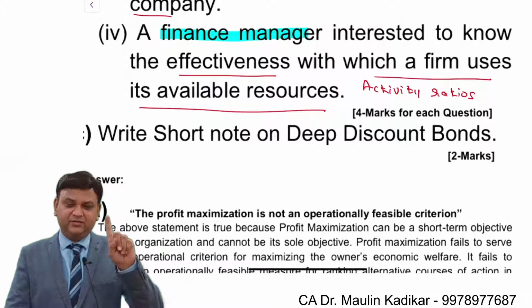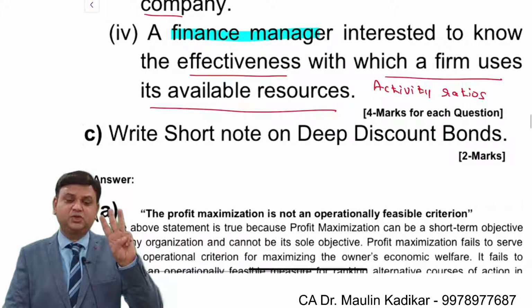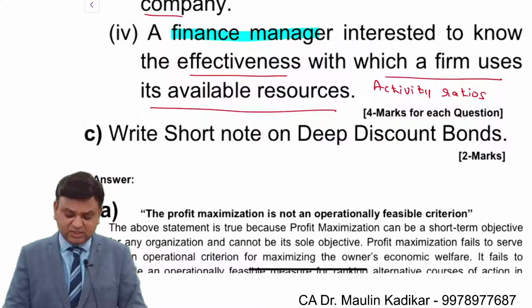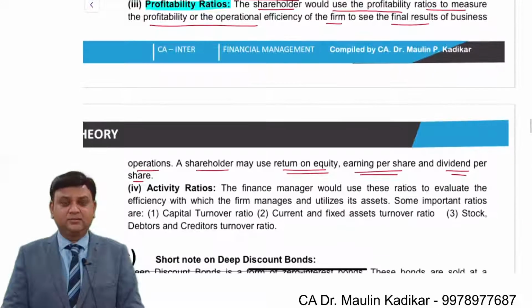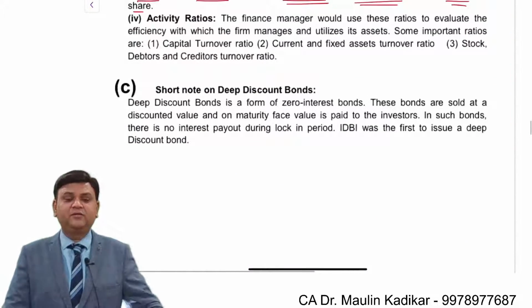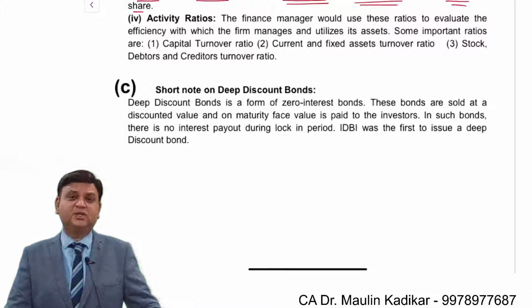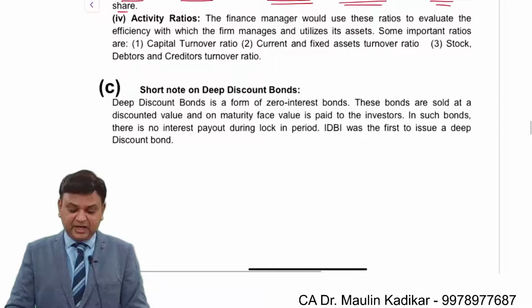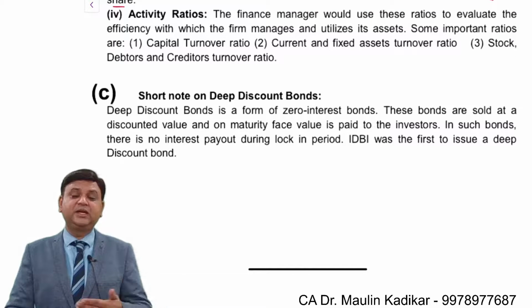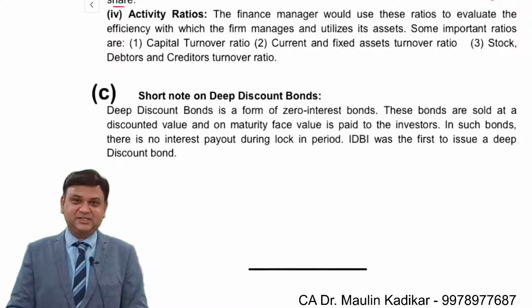Activity ratios are: one, debtors turnover ratio; second, stock turnover ratio; third, creditors turnover ratio; and total asset turnover ratio, fixed asset turnover ratio. So it is measuring how effectively you are using the investment that you made in the business.